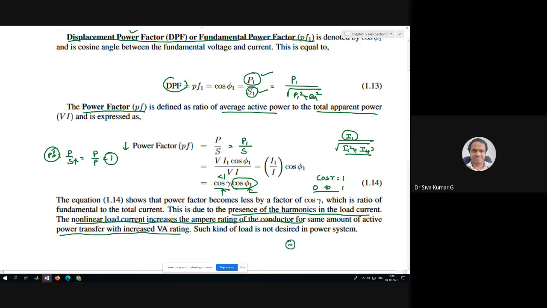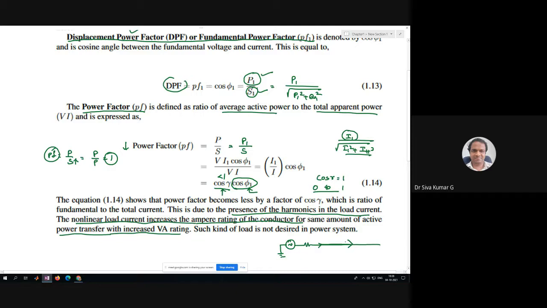That means the source is supplying the harmonic current also, but actually it is non-useful power. Generally, once your distribution line is installed, we are not going to change any kind of rating.